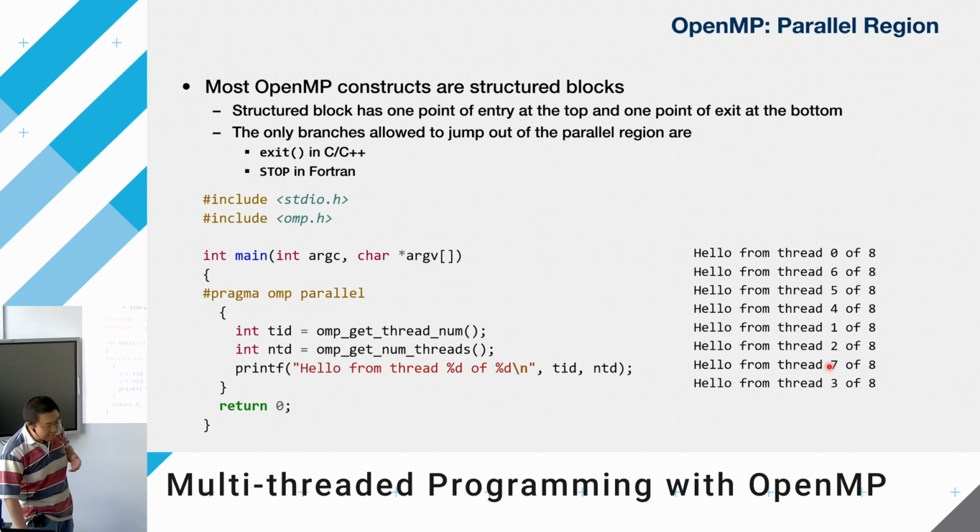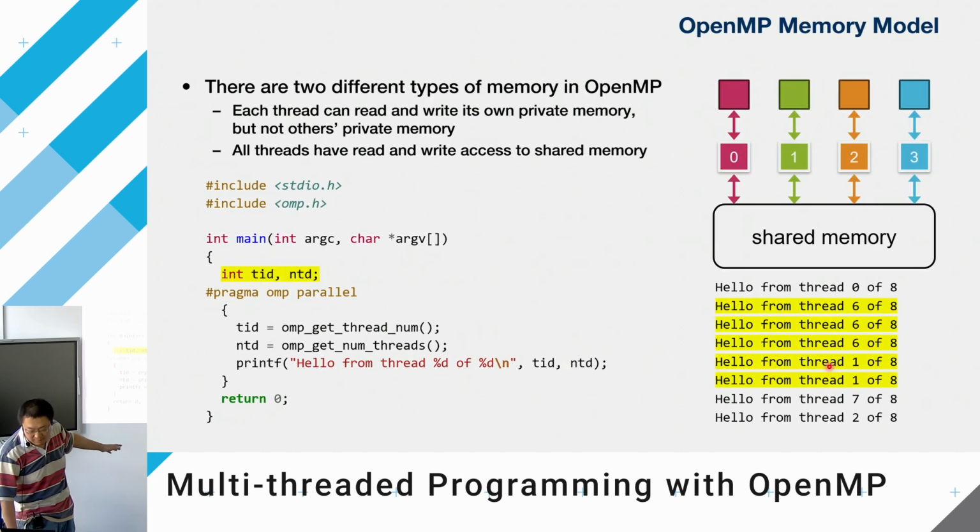That is why here you see thread 0 first, and then thread 6, and so on. If you run this program again, you may see thread 2 first, thread 6 somewhere else. So this is multi-threading. Inside of this, it is out of order. But even though those threads are executed independently, you need to make sure that in the end your program gives you the correct result.